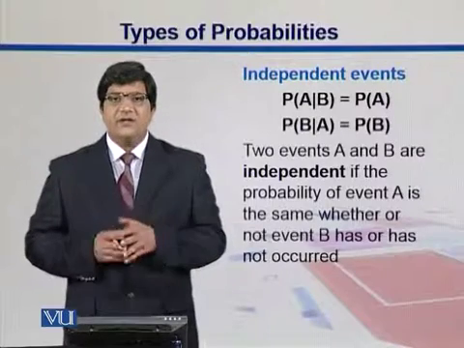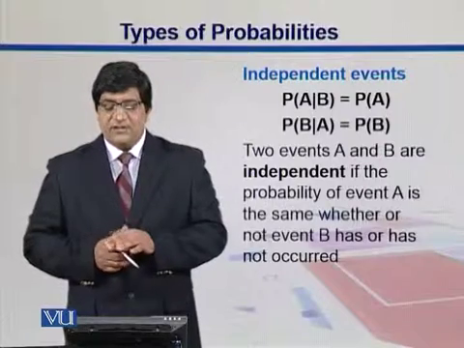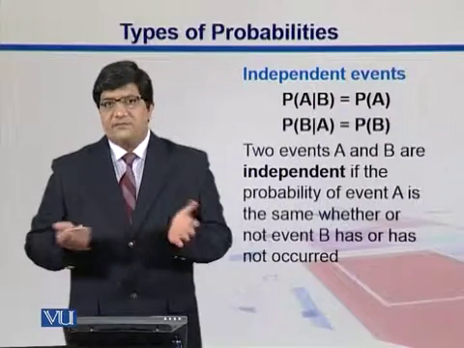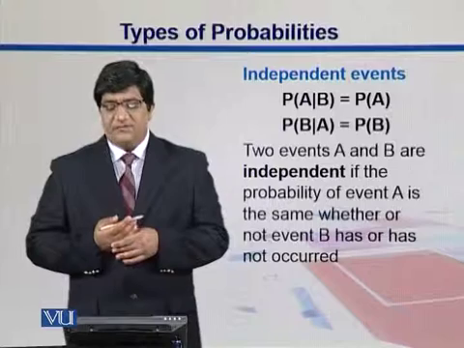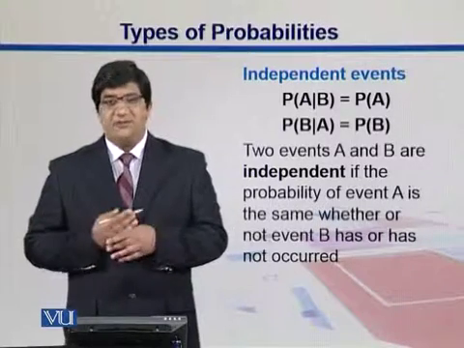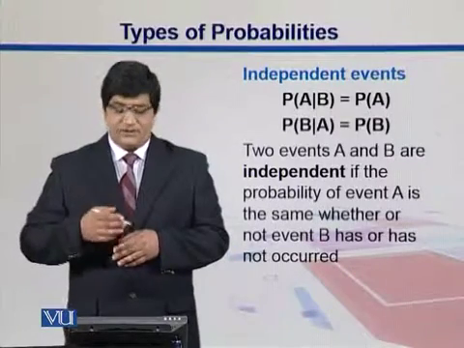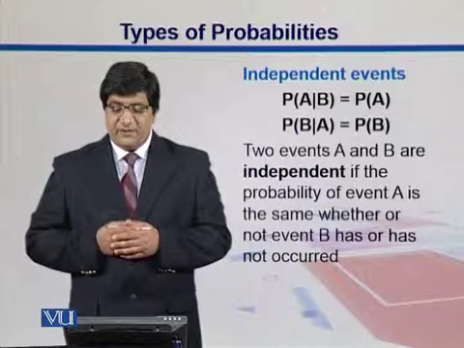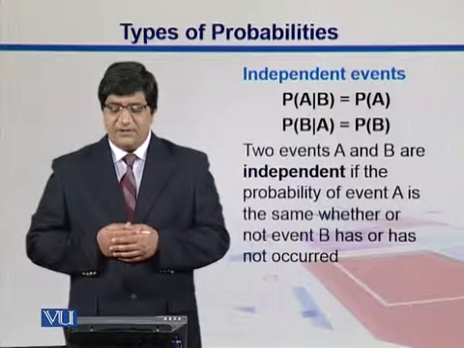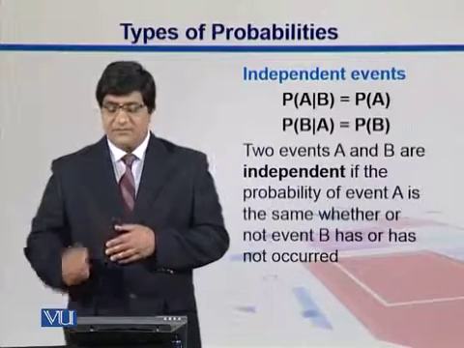Here there is no condition: B has occurred, but it has no effect on A. So in this case, P of A given B is equal to P of A. Similarly, P of B given A is equal to P of B. There is no effect of the event which has already occurred. Two events A and B are independent if the probability of event A is the same whether or not B has occurred.